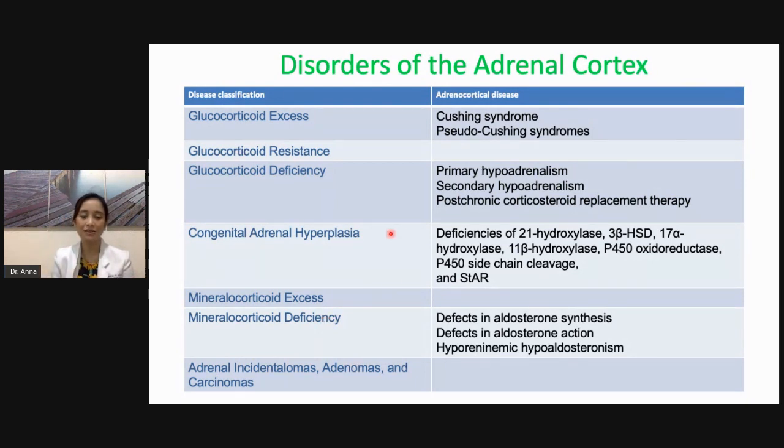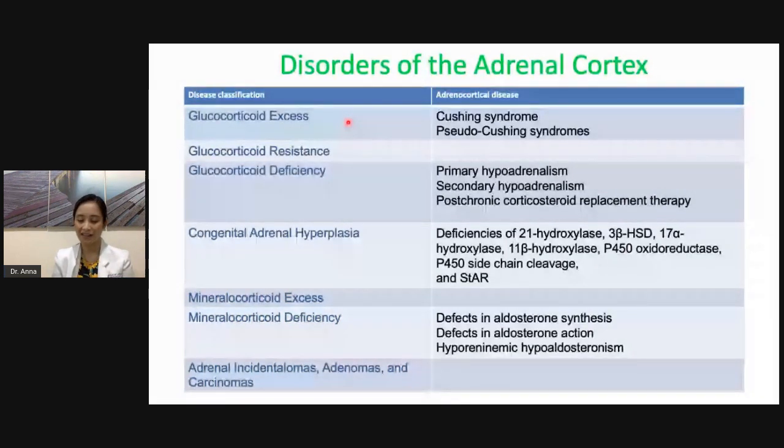But some of these rare conditions we will not be tackling. You'll probably never really meet them in your lifetime, or you can refer to a subspecialist for further workup and management if it's a very rare condition. But you must know the must-knows, of course.